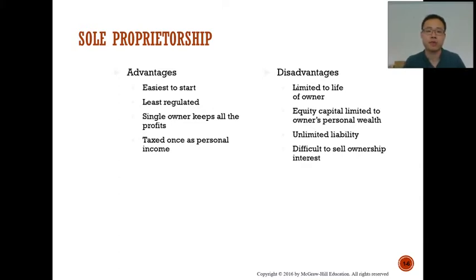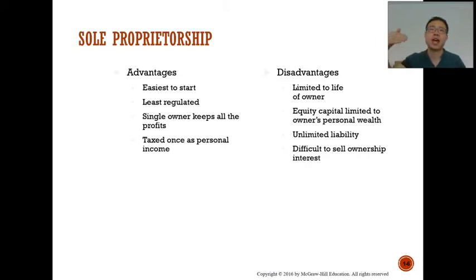And the single owner keeps all the profits. If the restaurant makes money, all of the profits will belong to this one man. Most importantly, this firm will be taxed once as personal income. Why is this important? Because if a business is registered as a corporation, the corporate profits will be taxed once, for the first time, at the corporate tax rate, in many countries.